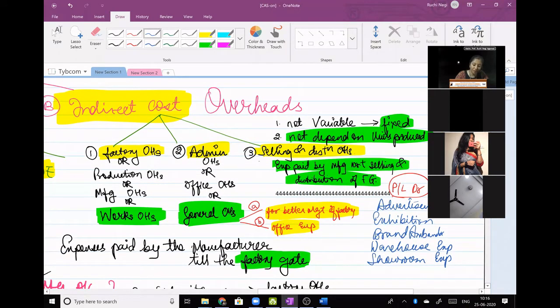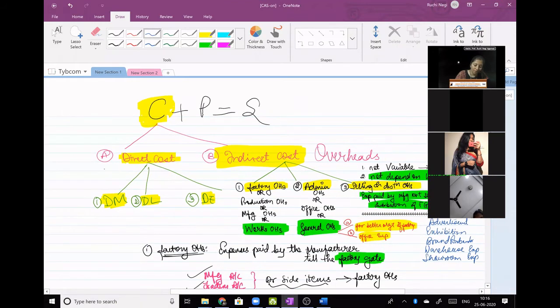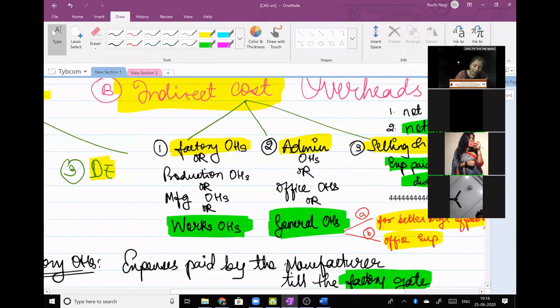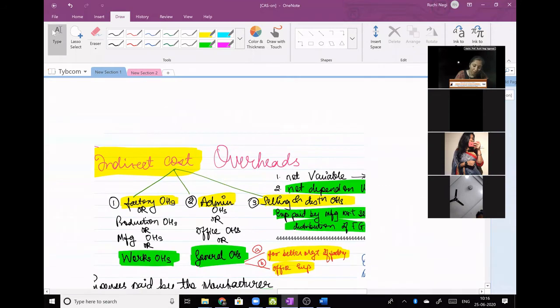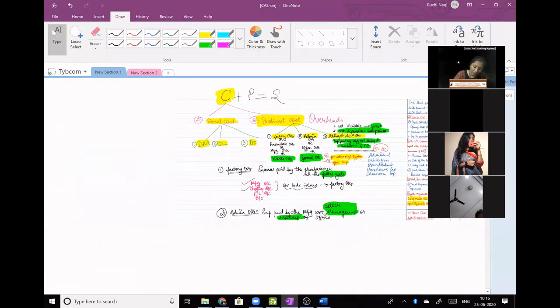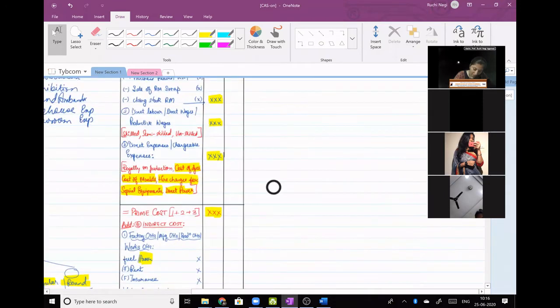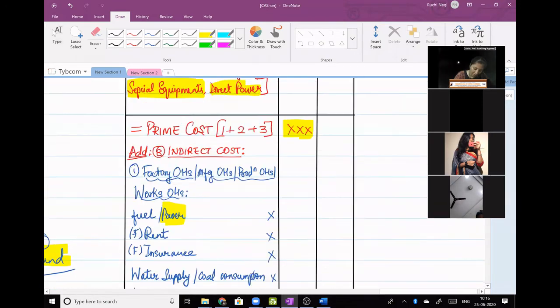First factory, then admin, and then selling and distribution. It is a part of indirect cost. So you just have to remember it like this. Total cost is divided first into direct cost and indirect cost. Direct cost is further divided as one, two, three: material, labor, expenses. Indirect cost is further divided as one, two, three: factory, admin, and selling and distribution. Clear?